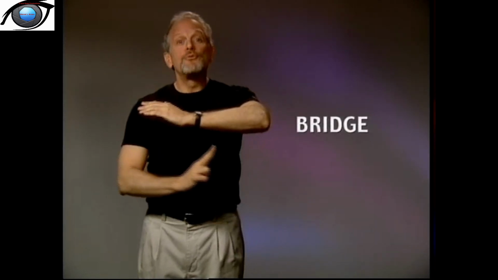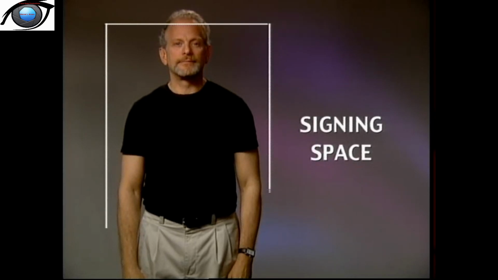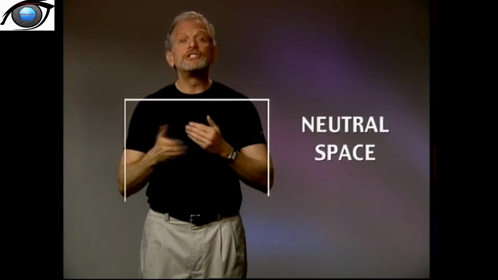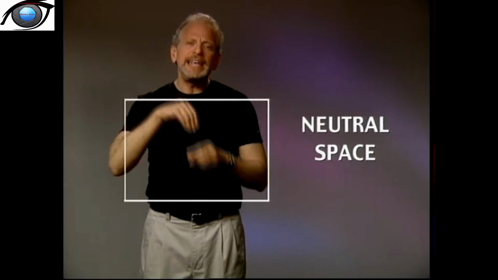A few signs are still formed near the elbow, like cracker and bridge. Most signs are formed in front of the chest in what is called neutral space. Signs are easy to form and easy to see in neutral space.